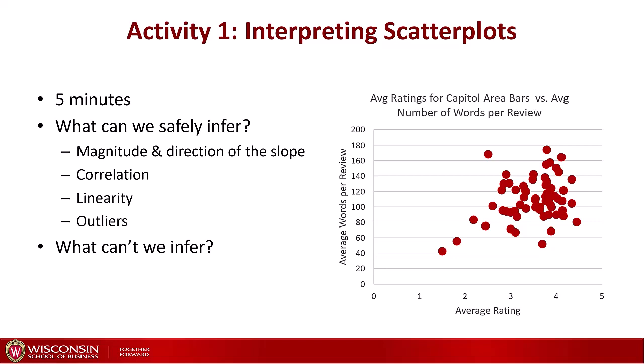Think about the strength of the correlation, the linearity, and the outliers. Pause the video, spend a few minutes, write down what you think and different aspects of the relationship. Then write down something that you can't infer based on the information that's on the right-hand side of the screen right now. Once you're done, you can continue watching the video and we'll discuss each of these points.